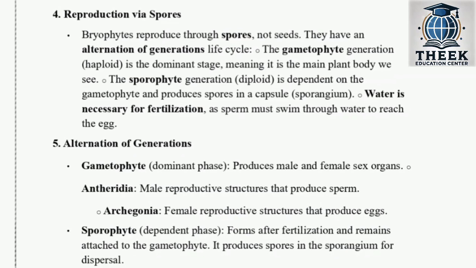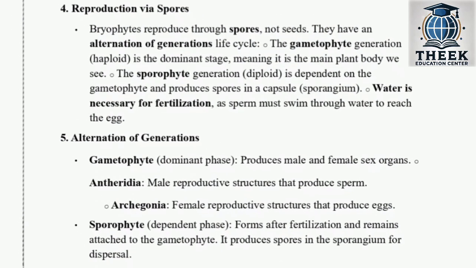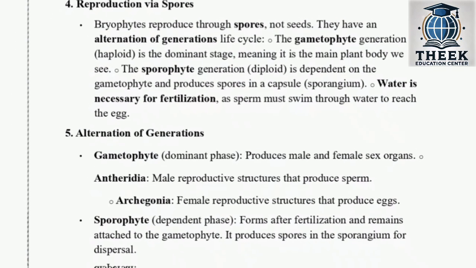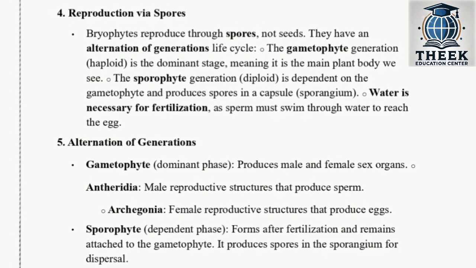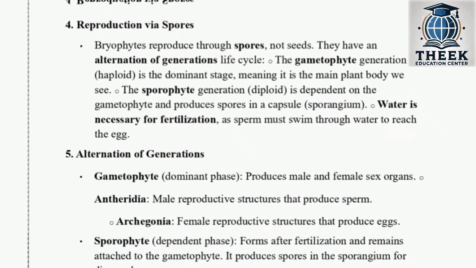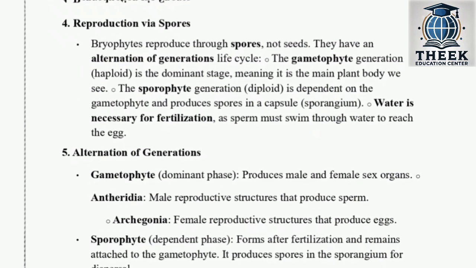Archegonia, the female reproductive structure that produces eggs. This is how reproduction takes place in these plants, through the alternation of generations. The sporophyte, the dependent phase, forms after fertilization and remains attached to the gametophyte. It produces spores in the sporangium for dispersal.